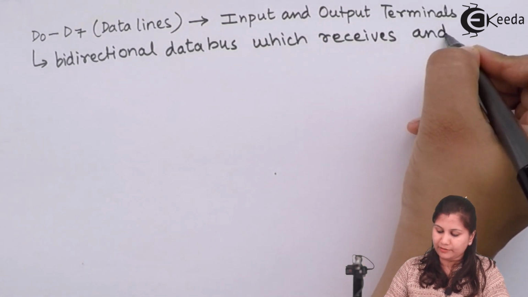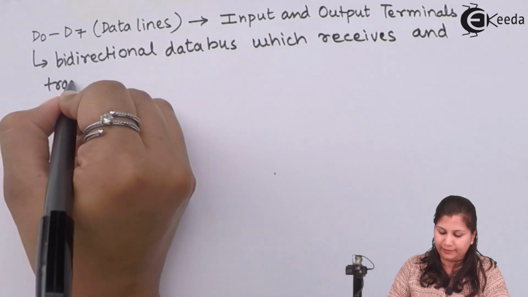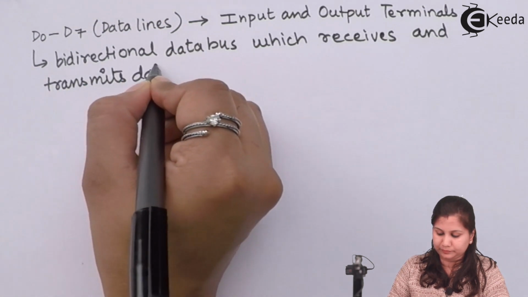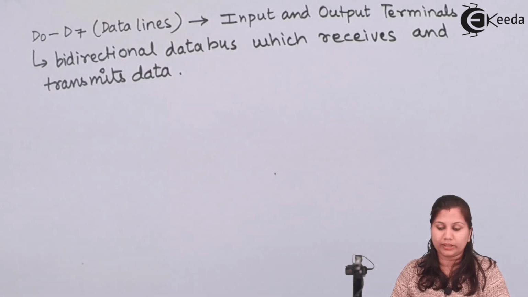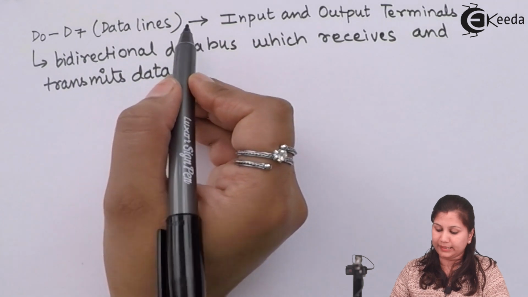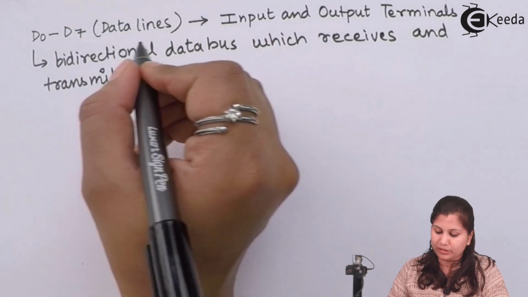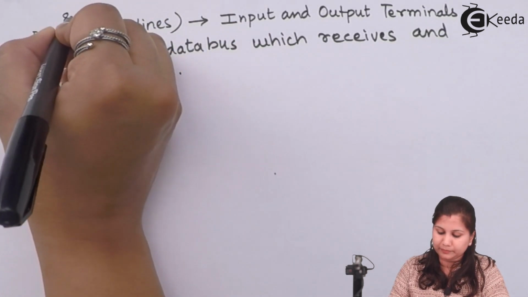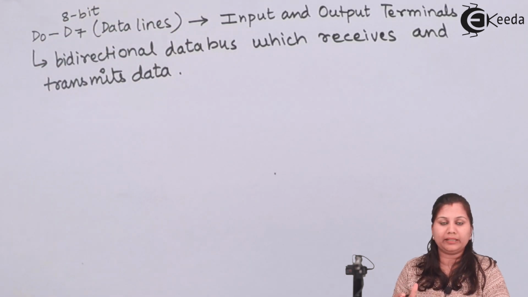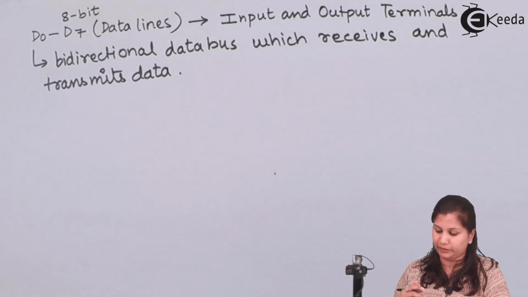Which receives and transmits the data. Because it is an 8-bit data bus, 8 bits can be transmitted. It is an 8-bit bidirectional data bus, so 8-bit data can be received and transmitted.